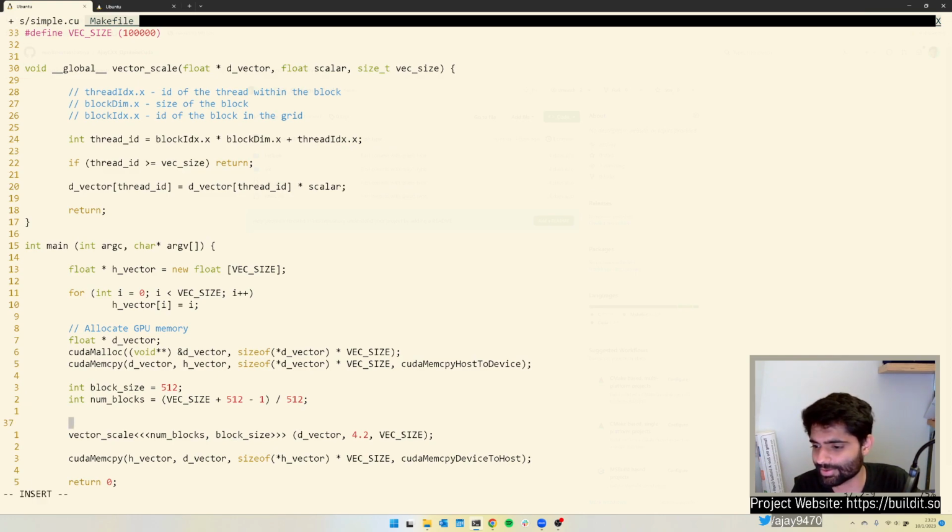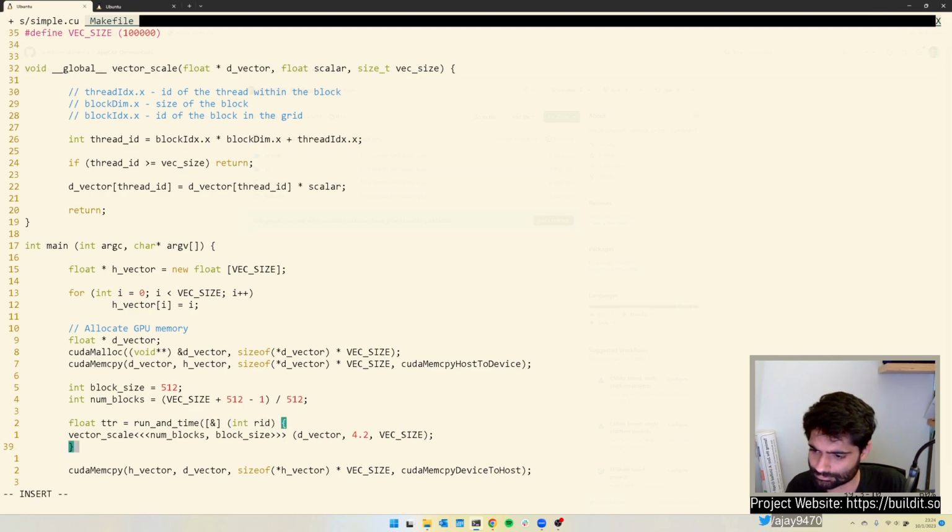What I've done already is make this utility function, run and time, which accepts a lambda. It takes how many runs you want to do and how many warm-up runs you want to do.